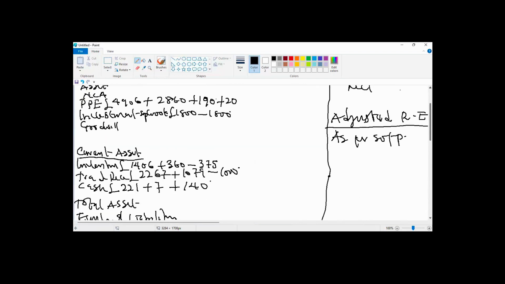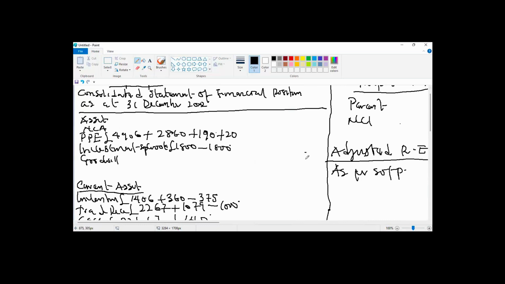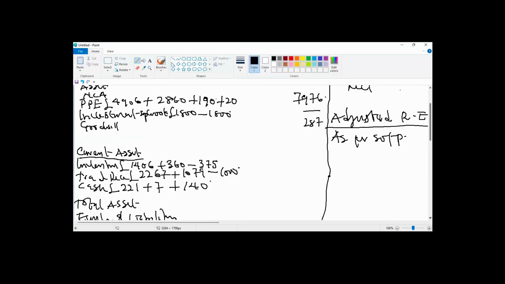Property, plant and equipment: 4906 plus 2860 plus 190 plus 20 should give us 7976. Confirm the figure. Inventory: 1391.